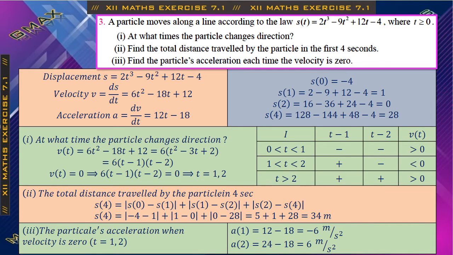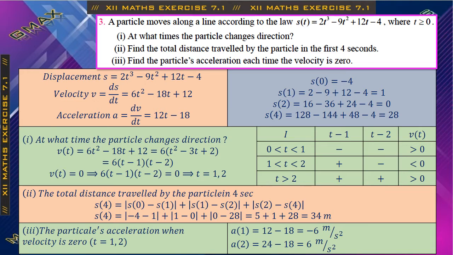Okay, so 1 and 2 are changing points, you have to cut at these points. Here at the top right side we gave the values for s traveled at 0 second, 1 second, 2 seconds, 4 seconds. Okay, so therefore s of 4 equal to 34 meters.